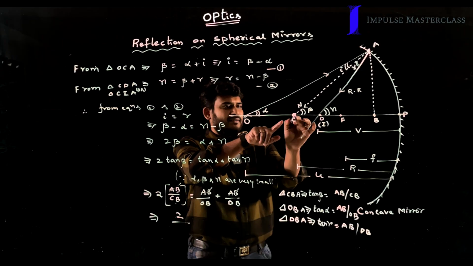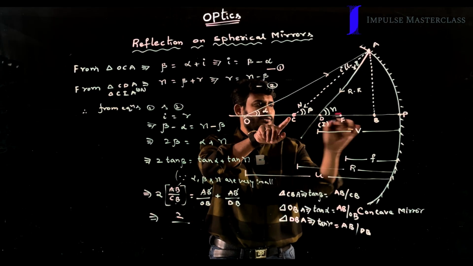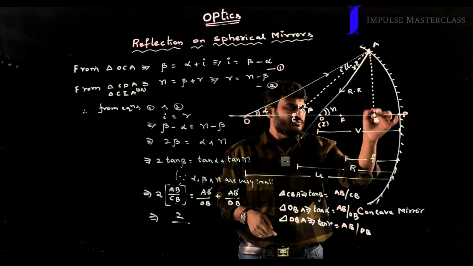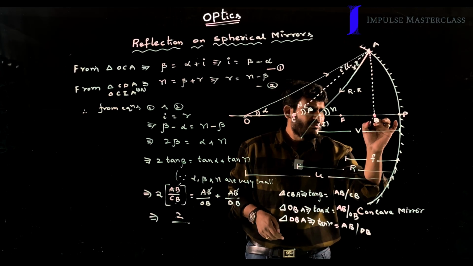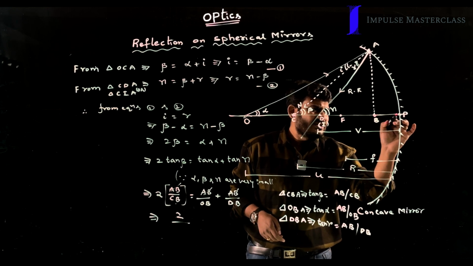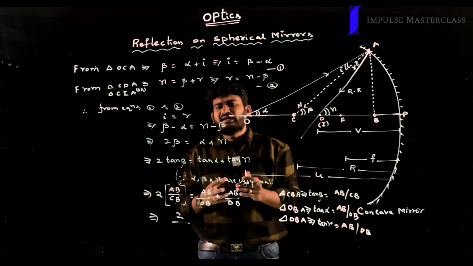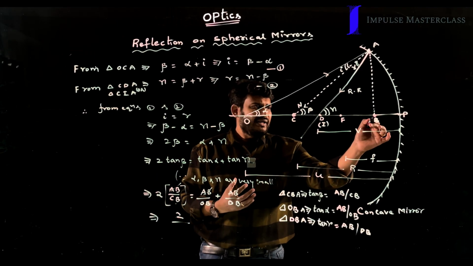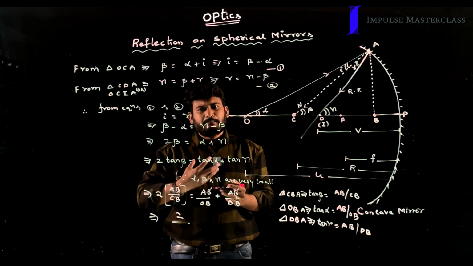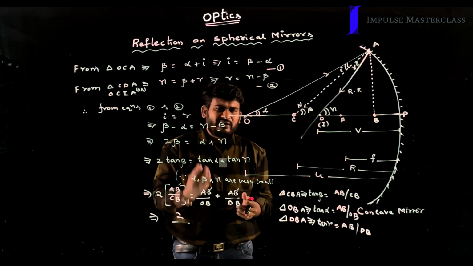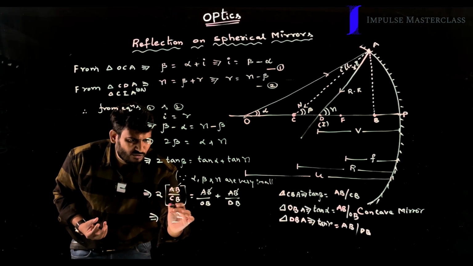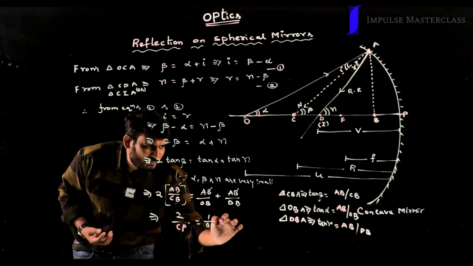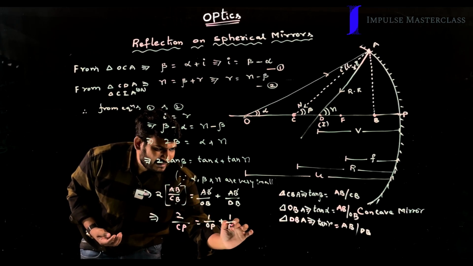Students, CB is nothing but center to B. Actually, when you draw a perpendicular line from A to B, that position B is almost nearer to P. This distance B to P is very negligible, almost zero. That means you have to keep in mind that B can also be assumed as P, both are the same. So you can take 2 by CB as 2 by CP, 1 by OB as 1 by OP, and 1 by DB as 1 by DP.